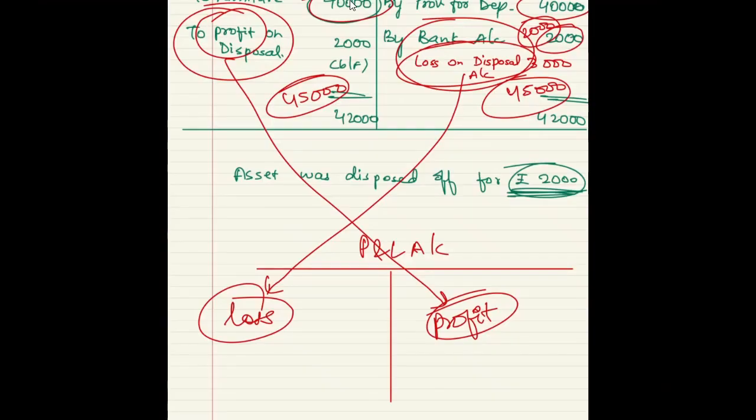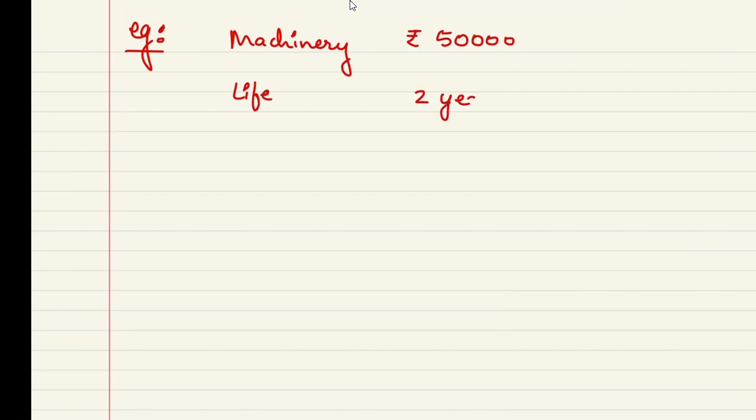For example, let's go to the example. I purchased a machinery for 50,000 rupees. I thought the life of the machinery will be 2 years.